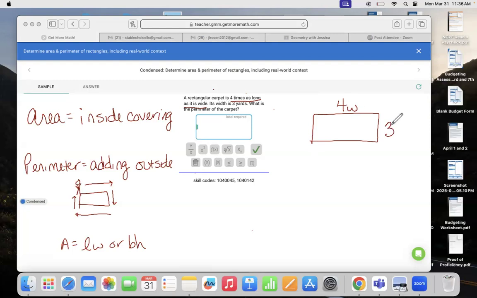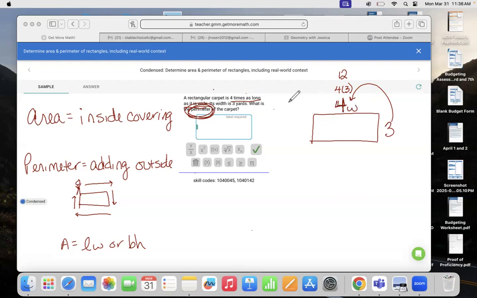Well, this is my width, right? So I can substitute that in here and it really becomes 4 times 3, which gets us 12. So to find the perimeter, because that's what it wants, I need to know that this becomes 12. And that is again, because it's 4 times the width, 4 times W, and the width is 3.